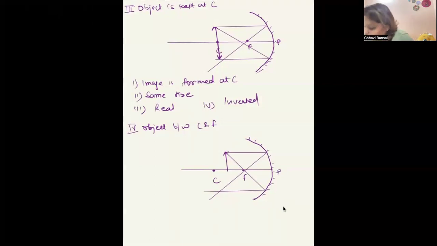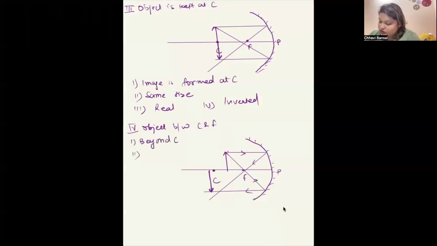Yes. So if you see, this is the case. You see here, the image will be formed beyond C. Okay. It is not looking right now, but the image will be formed beyond C. Okay. So how is the image? First, beyond C.